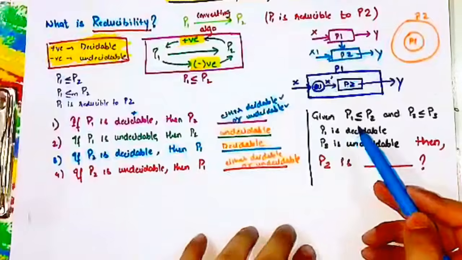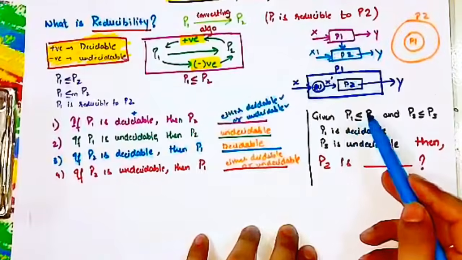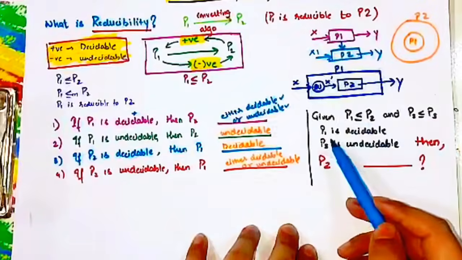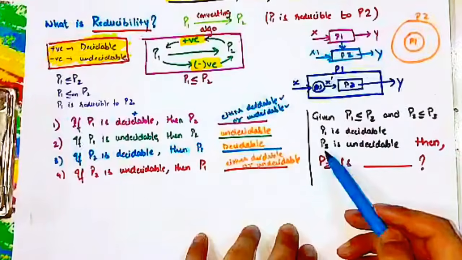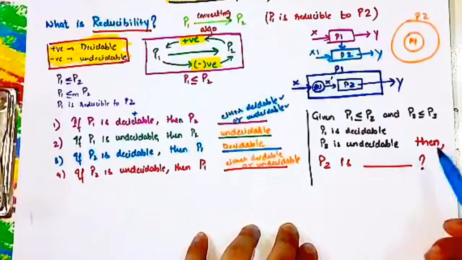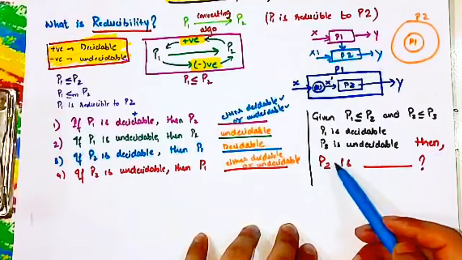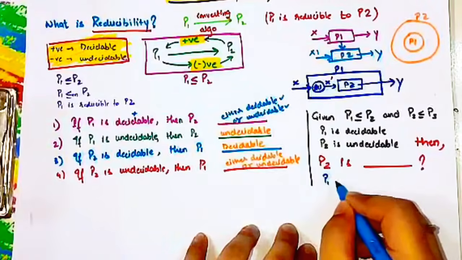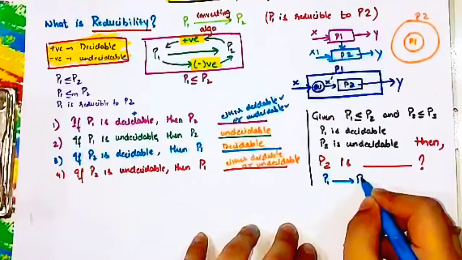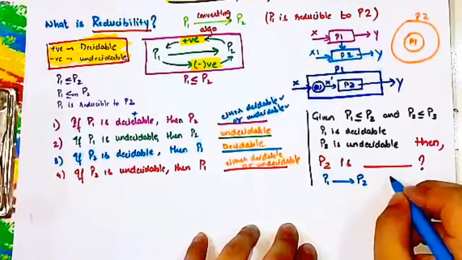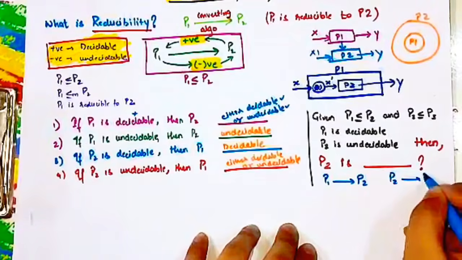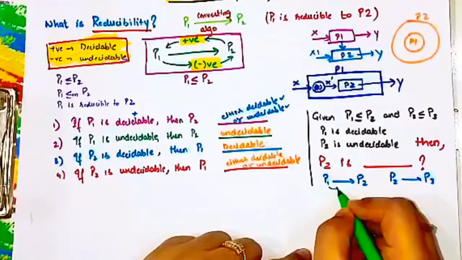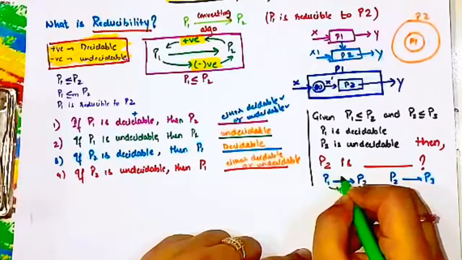So here is the question. It is given in the question that P1 is reducible to P2 and P2 is reducible to P3. Also given that P1 is a decidable problem while P3 is an undecidable problem, and you have to predict what P2 will be, whether decidable or undecidable or nothing. So P1 is reducible to P2 and P2 is reducible to P3. This will pass negativity and this will pass positivity.